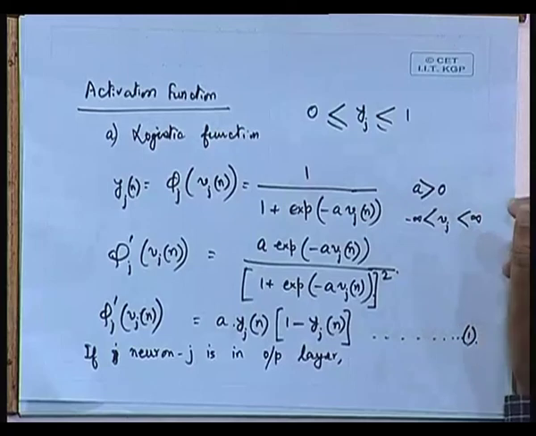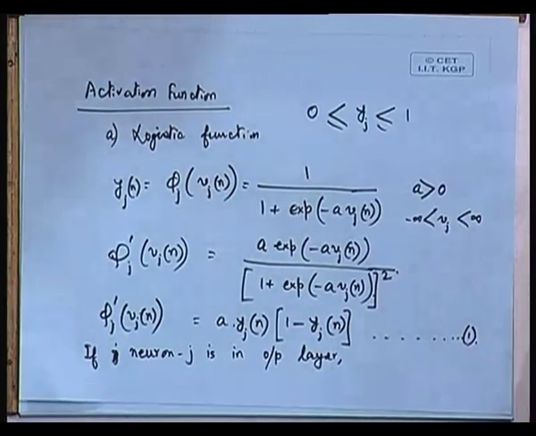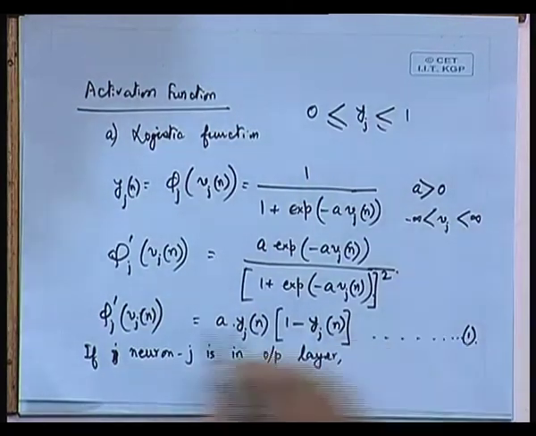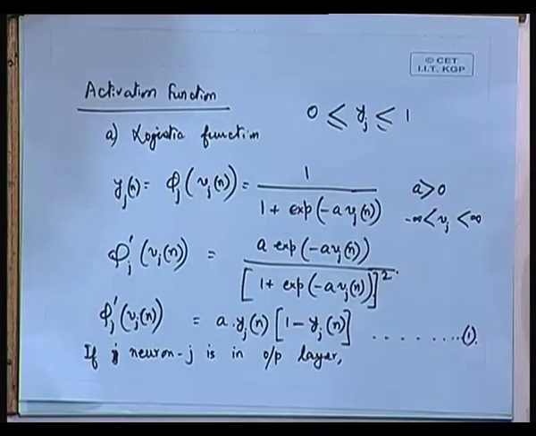Now, if I ask you to consider this expression 1, and try to find out how this phi dash j function changes with yj. Definitely phi dash j is dependent upon yj. So, how is it dependent? Where are we going to have the maximum value of phi dash j?